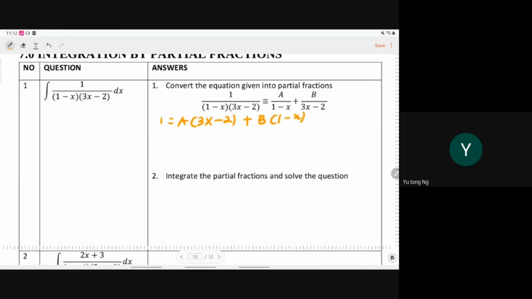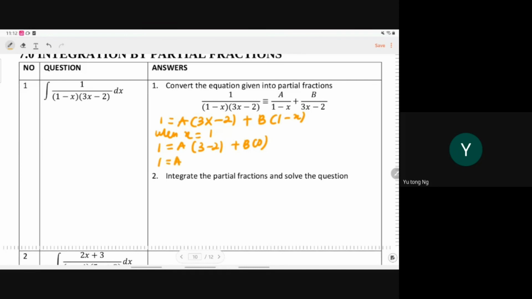Okay. Then kita akan try to find out the values of constant a and then constant b. Okay. So let's say when x equals to 1. Okay. So you akan dapat untuk constant a, 1a. So 3 minus 2 plus b 0. Okay. So 1 equals to A.